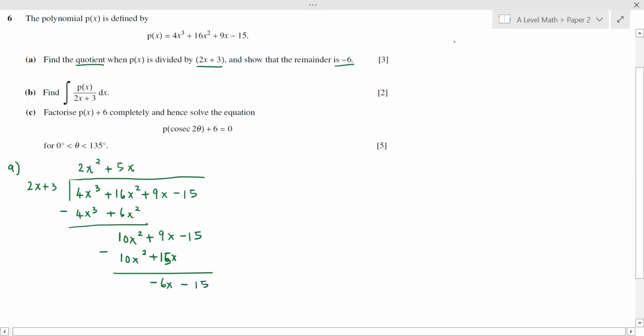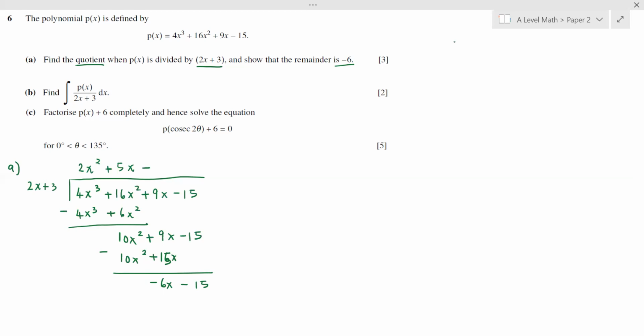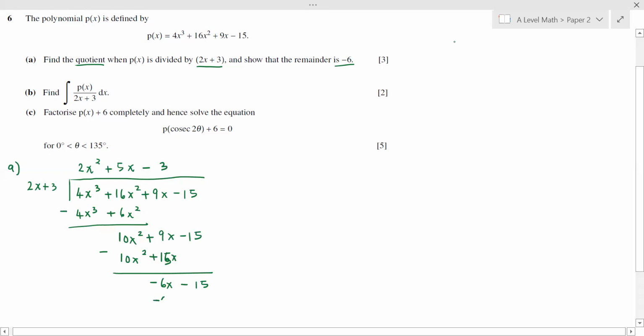Bring the negative 15 down. Negative 6x divided by 2x is negative 3. Multiply 2x plus 3 by negative 3, and we have negative 6x minus 9. When we subtract negative 9 from negative 15, that is a negative 6.